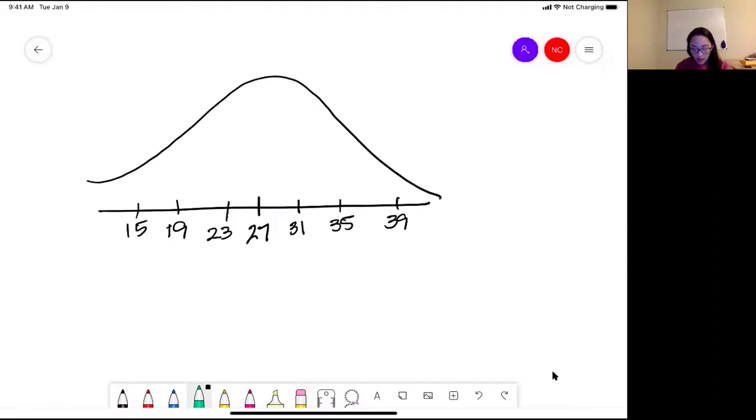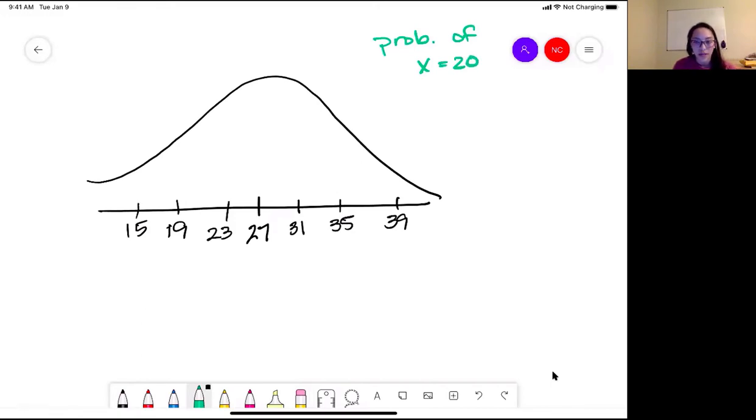Now let's say I want to know the probability that, within the given sample I've collected, I get a raw score of 20. I can write that: probability of getting a raw score of 20.